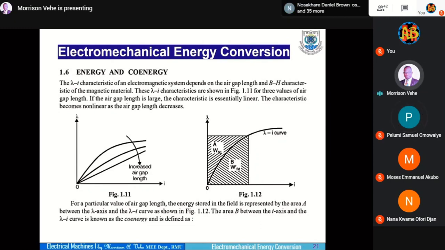So the third one. Why? Because the air gap length is so large. The air gap length is increased.